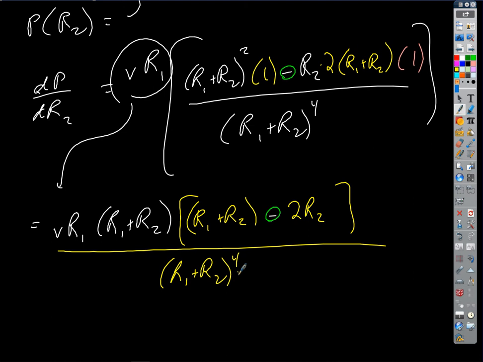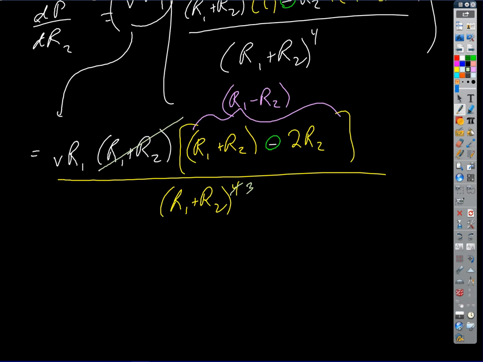Okay, this is going to simplify, isn't it? R1 plus R2 minus 2R2 is what? What does that all simplify to? R1 minus R2, yeah. And then you take an R1 plus R2 right out the bottom, right? And we could cancel one of these. This factor is going to cancel with one of those.